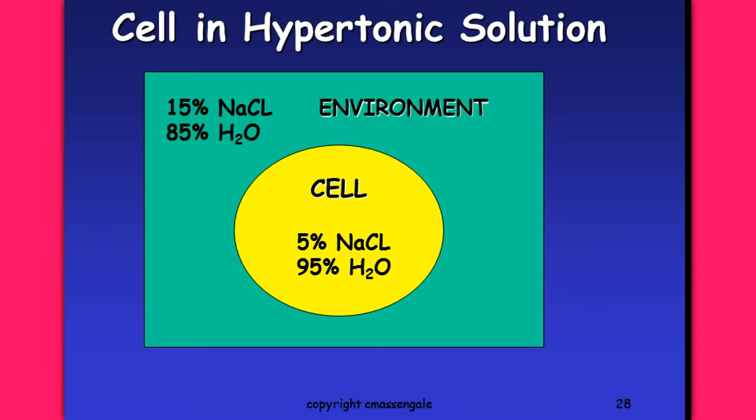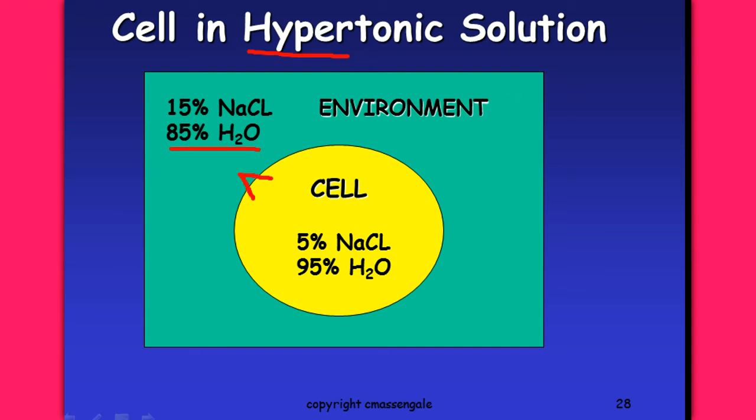Now, when we look at a hypertonic environment, look at the salt concentrations. Hyper means high, hyperactive, somebody that has high energy, right? So hyperthermia, high body temperature. A hypertonic solution has higher salt concentrations in the environment. Well, what does that mean for the water concentrations?